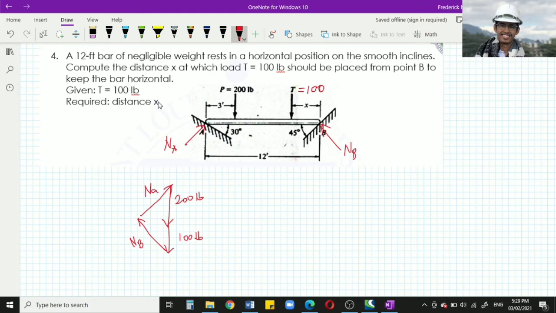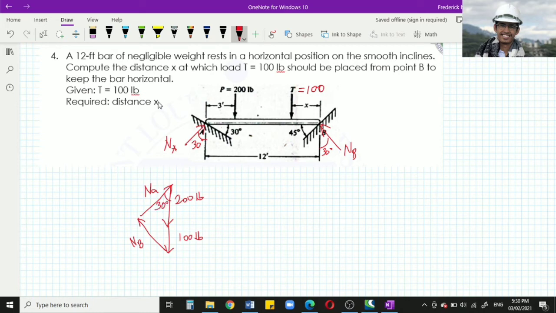So, kung 30 degrees yon, this will be also 30 degrees. And this will be also 30 degrees. So, yung magiging angle natin dito, NA and sa 200 pounds na P, this will be 30 degrees then.